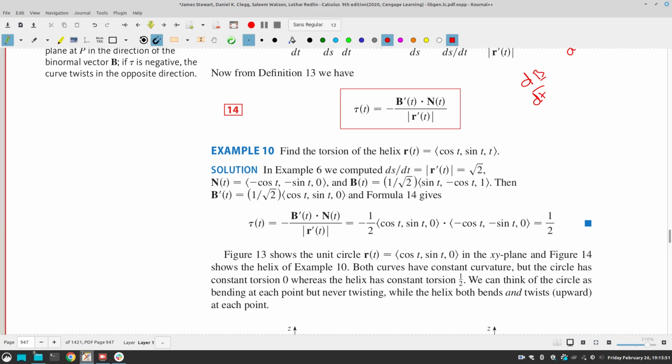Using that we can find N(t) and B(t), and from there we can find B prime t. We know N(t), B(t), and ds over dt, so from there we can find tau, which is equal to half.